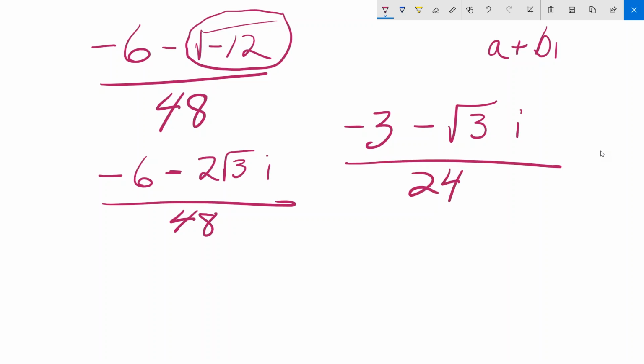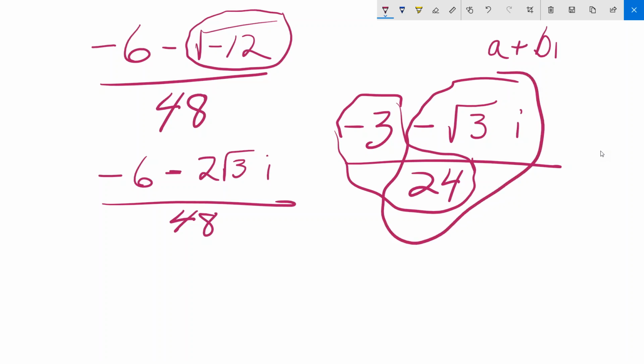With me? Yes. Now, we still have to put that in A plus BI format. The fact that we have a single term in the denominator means we can separate it into two fractions. That fraction and that fraction.